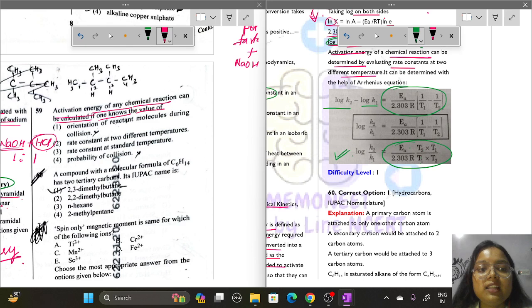It is clear that when we know the value of k2/k1, we can easily calculate the activation energy. So what is k2/k1? It is the rate constant here.